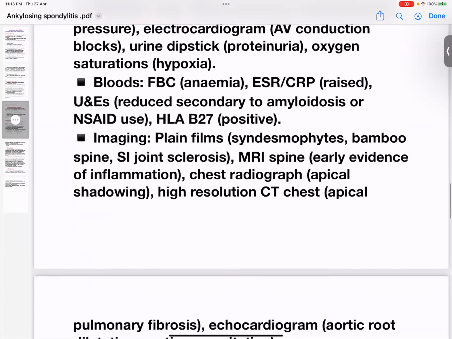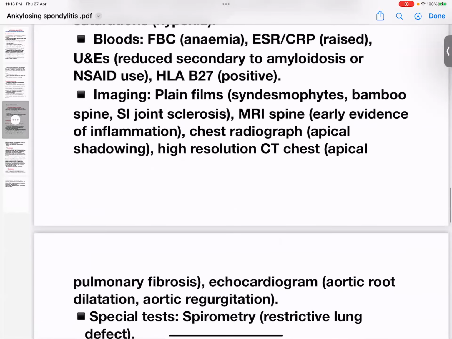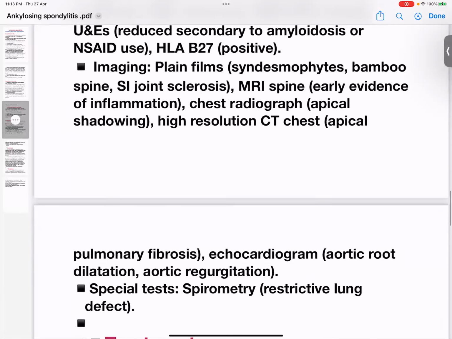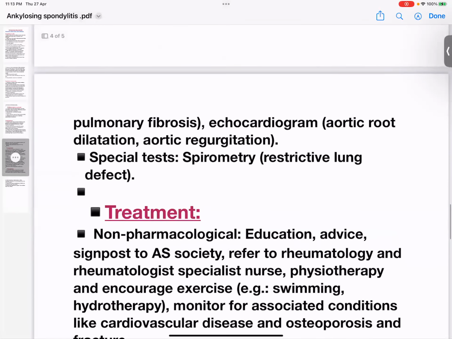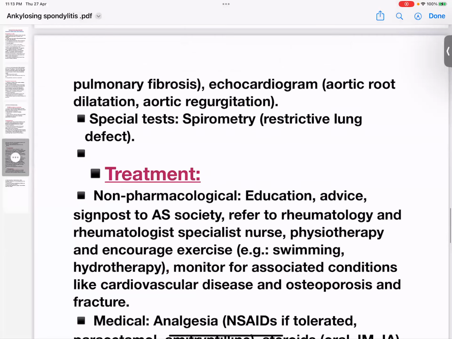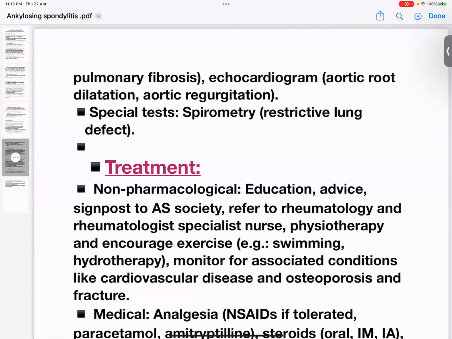MRI spine is sometimes needed in order to exclude the presence of any compression on the nerve roots or on the spinal cord. Chest radiogram, high resolution CT chest for apical pulmonary fibrosis, echocardiogram for aortic root dilatation, aortic regurgitation, and special tests like spirometry, pulmonary function test.